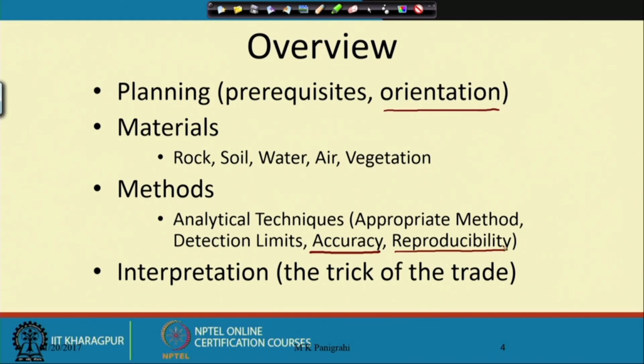These are the two terms which are very widely referred to in any literature dealing with analysis of geological materials. Accuracy, we understand, is whether the results coming from a particular equipment, by whatever analytical protocol that we are establishing, are accurate or not.